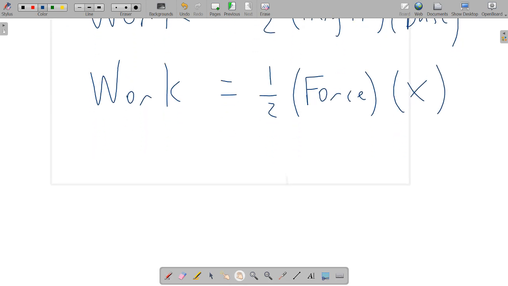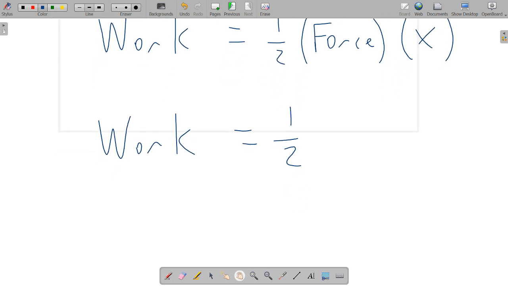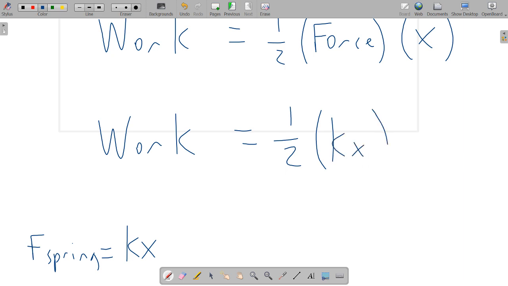So let's keep going. Work done is equal to 1/2 force. What is the equation for the force of a spring? We just said that. The magnitude of the force of a spring is equal to kx, the spring constant times x. I'm going to plug that in for force, kx, because that represents the force of a spring.